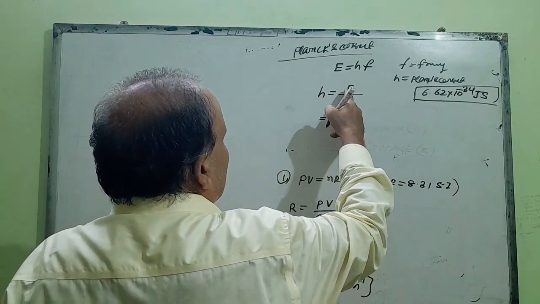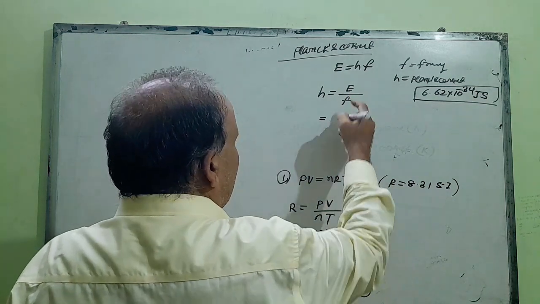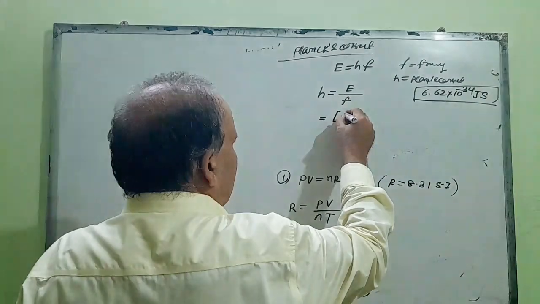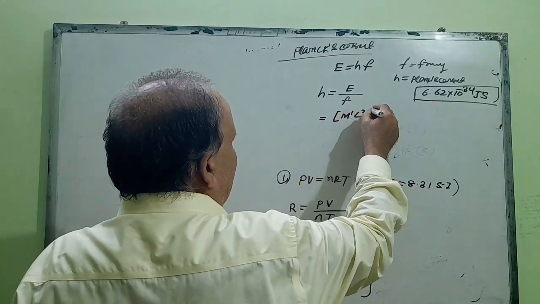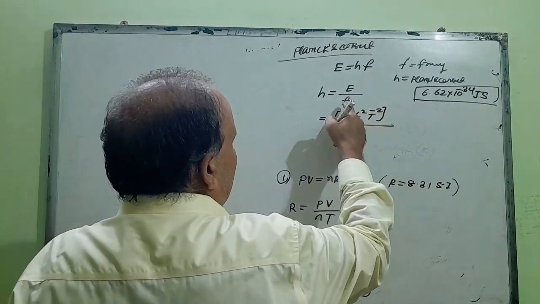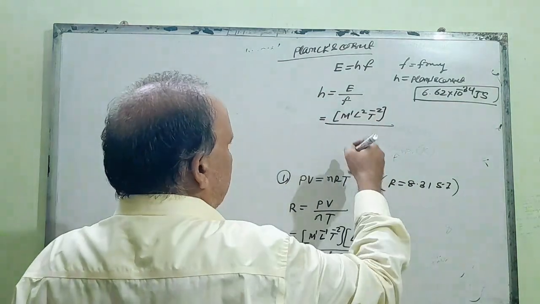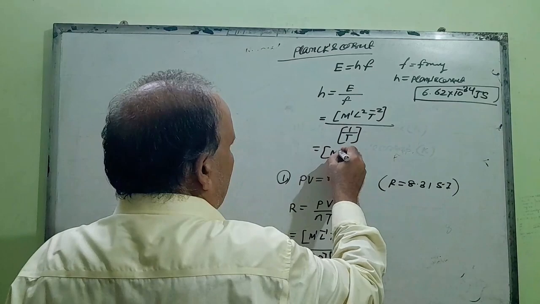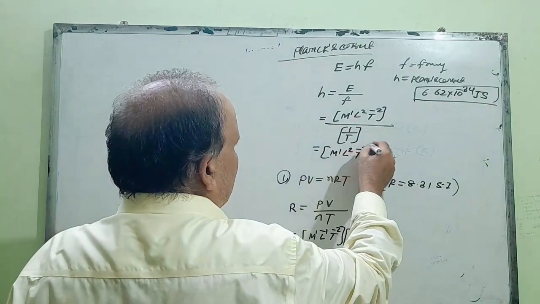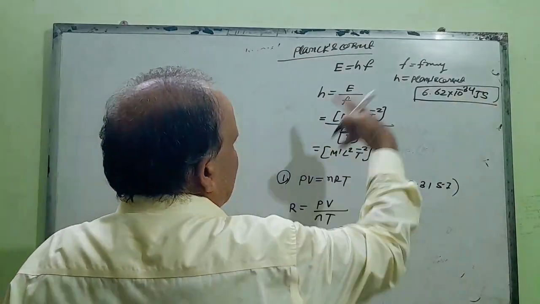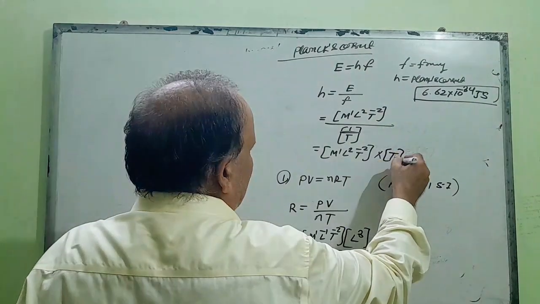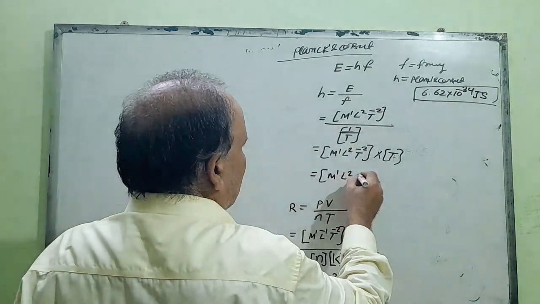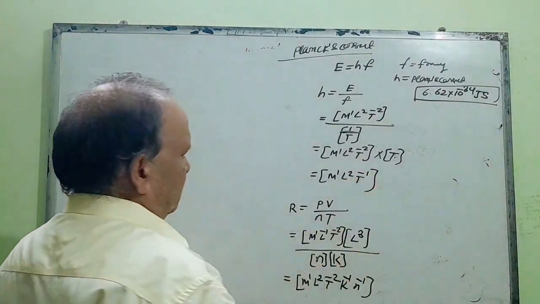What is the dimensional formula of energy? It is M L square T to the power minus 2, and frequency is 1 by time period, that means 1 by T. So you can write M L square T to the power minus 2, take T to the upper side, and that is equal to M L square T to the power minus 1.